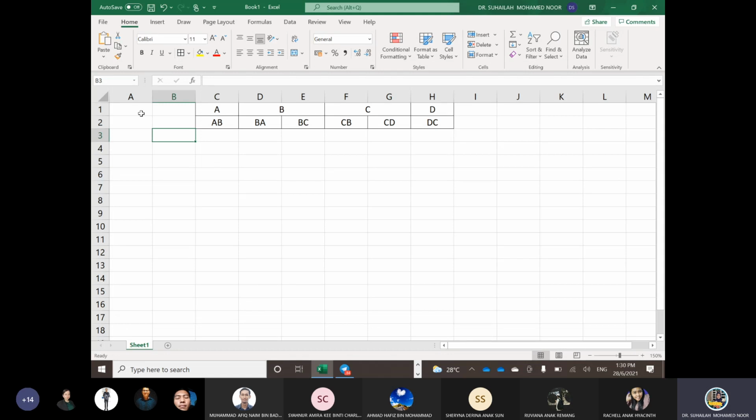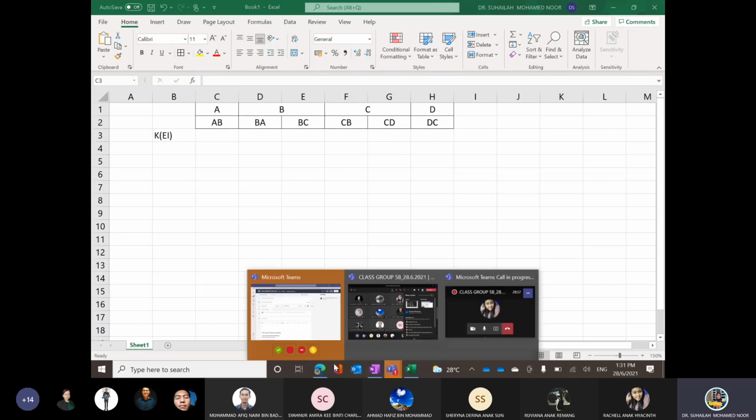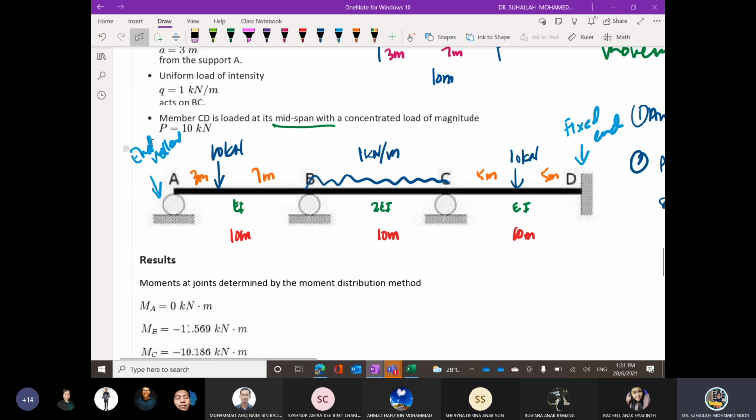So we will start calculating the K. K here is in terms of EI, because EI will be cancelled whenever we calculate distribution factor. For AB, BA, we need to refer to the end condition, roller end.